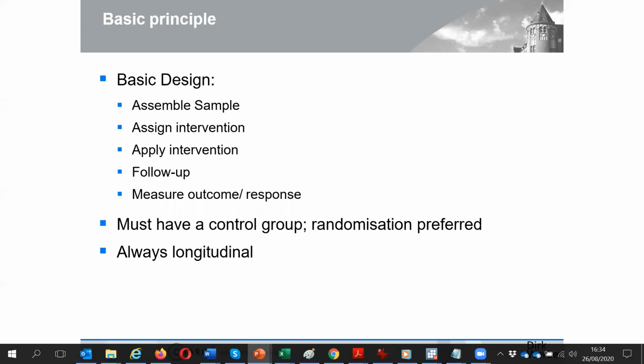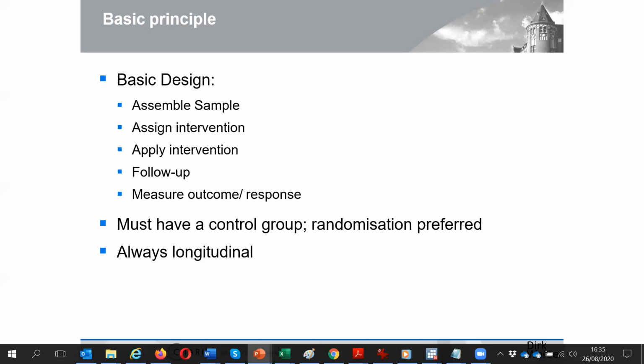So what are the basic principles of designing randomized clinical trials? You assemble a sample and you assign your intervention. How do you assign your intervention? By randomization. Half of the sample gets the intervention, and the other half doesn't.